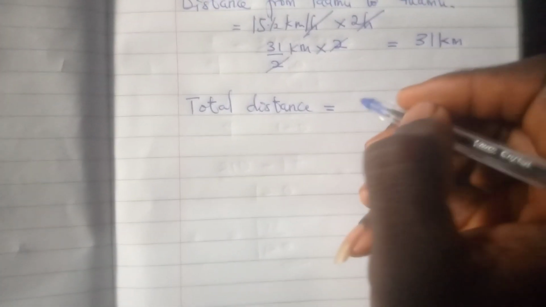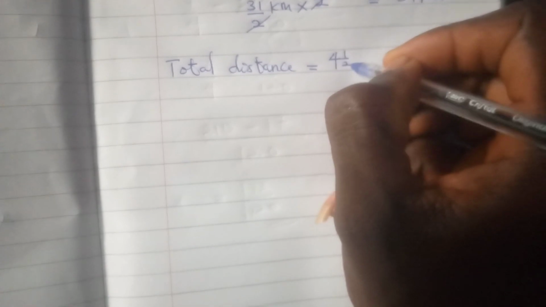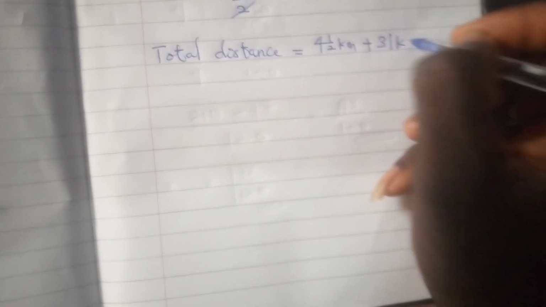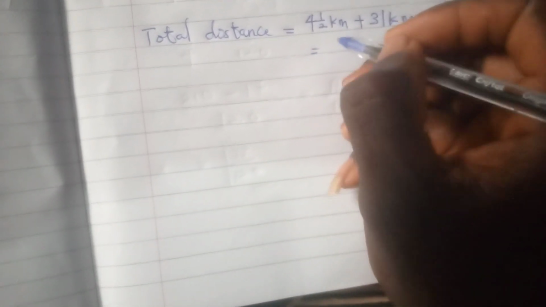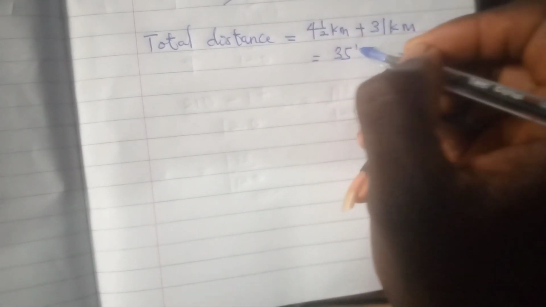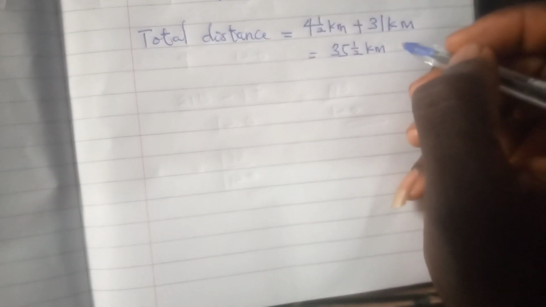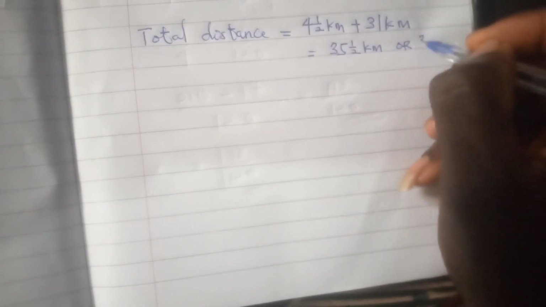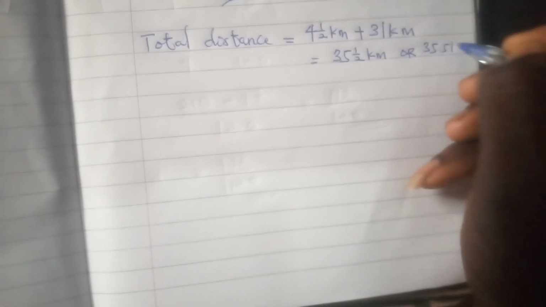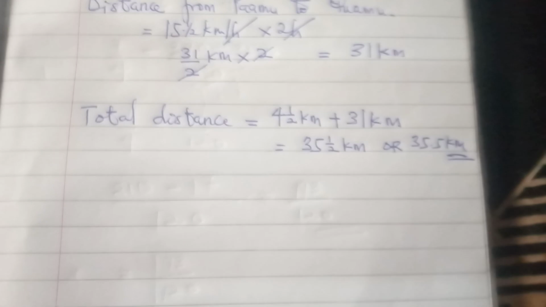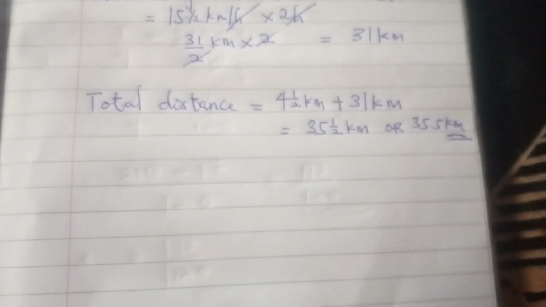So the total distance is 4.5 kilometers plus 31 kilometers, which gives me 35.5 kilometers. And this is the distance from the village to Kwamu.